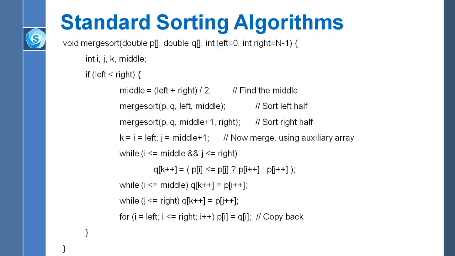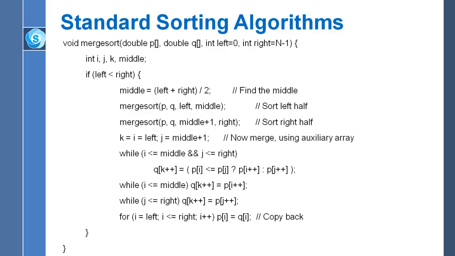Otherwise, it's going to be p[j] that gets copied into q[k]. In either case, two of the indices are going to be incremented. If p[i] is what gets copied, then i will be incremented, and so will k. But if p[j] is what is copied, then it's going to be the index j that gets incremented along with the index k.